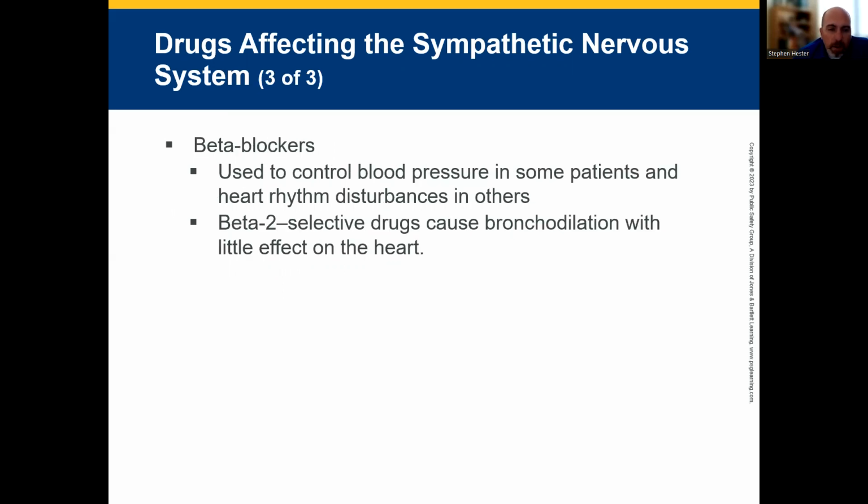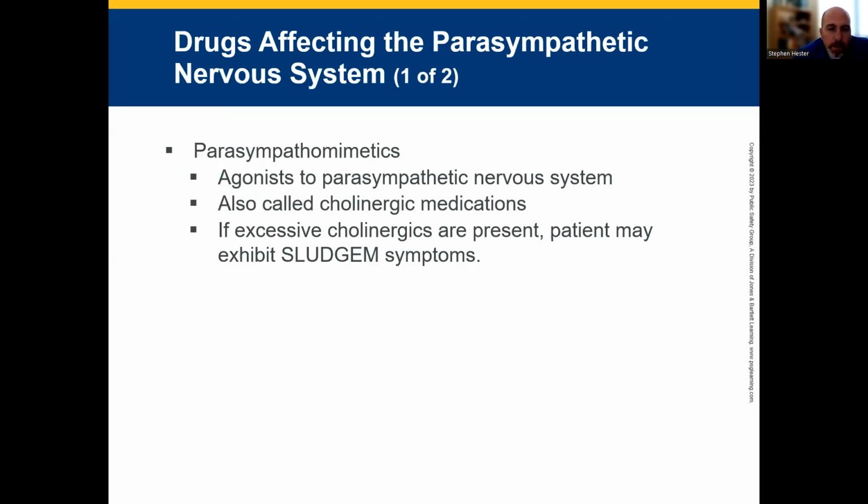All right, beta blockers are used to control the blood pressure. Beta 2 selective drugs cause bronchodilation. Parasympathomimetics are agonists of the parasympathetic nervous system, and they're also called cholinergic medications.